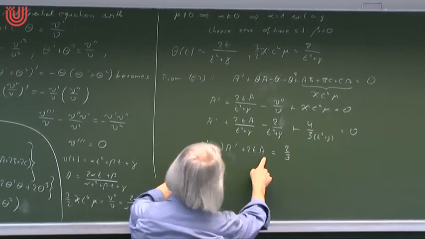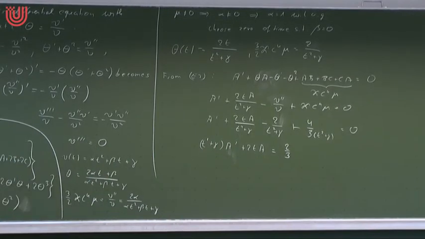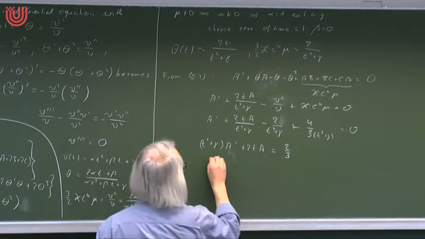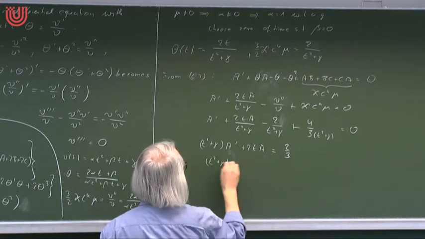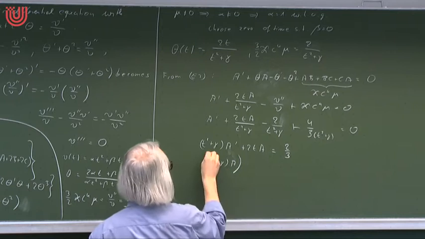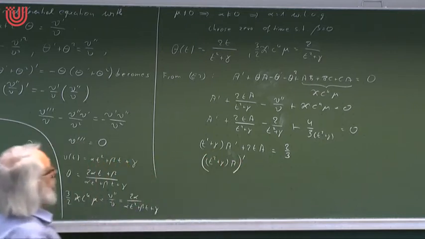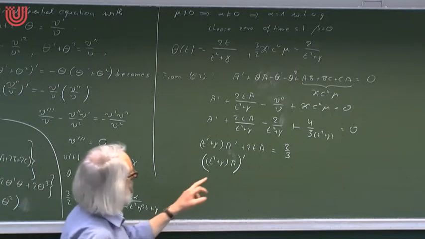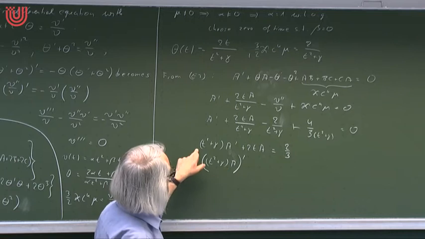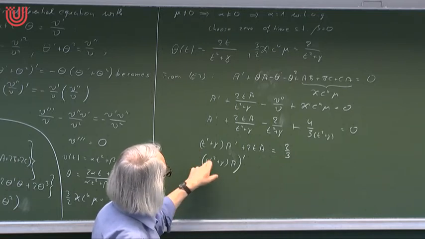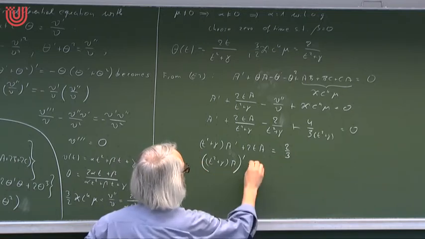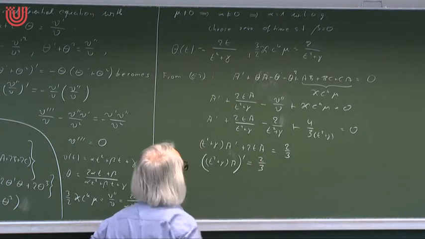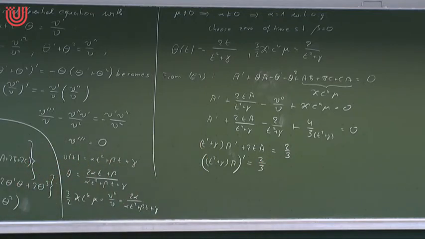And now if you look carefully, you see that what's on the left-hand side is a derivative. It is t squared plus gamma times A, and the whole thing differentiated with respect to t. If I differentiate the second term, I get this here. If I differentiate the first term, I get 2 times A. So this is 2/3. And that's again a differential equation I can solve.